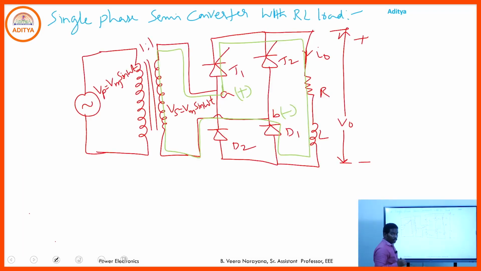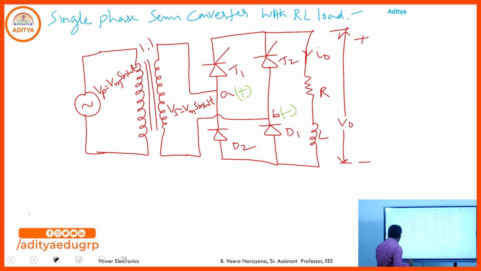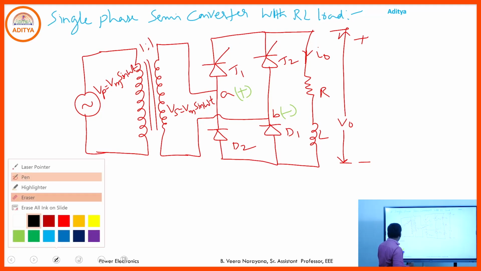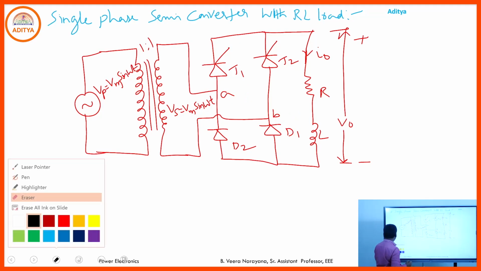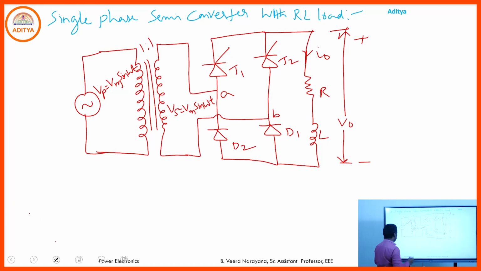See, after pi, the negative half cycle will be available across the load or across the thyristors. During that negative half cycle, what do we observe here? Terminal A is negative and B is positive from pi to 2 pi.